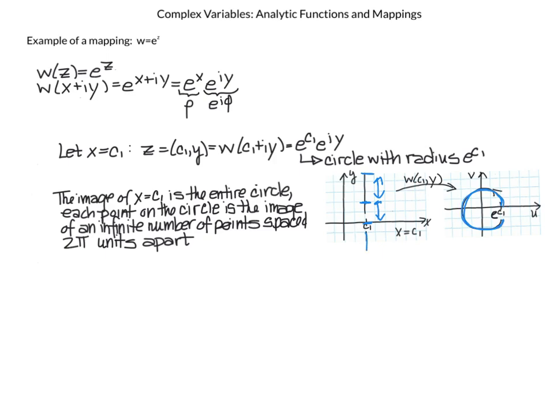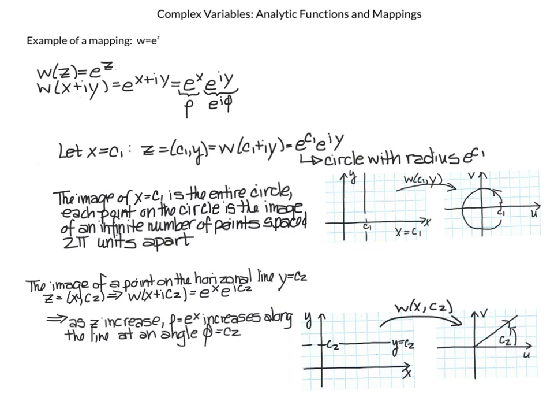Similarly down here, same period, same amount of space, is going to traverse the circle a third time. So each point on the circle is the image of an infinite number of points. In this case, we've drawn maybe 3, like one point in here, one point here, and one point here, spaced by 2 pi units apart.